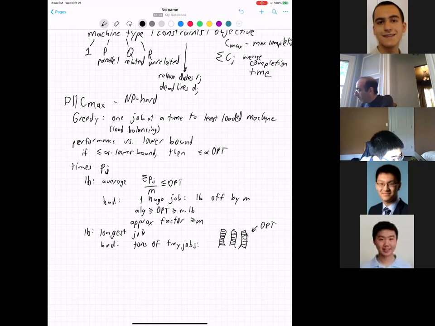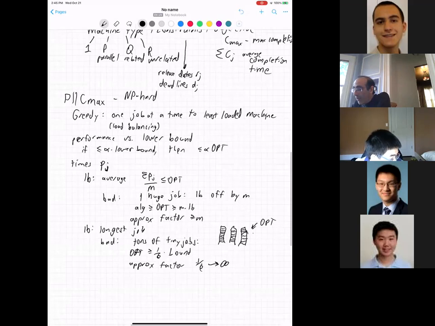But the optimum is going to be at least 1 over epsilon times the bound. And so again, the best approximation factor we can prove using this bound is 1 over epsilon, which can be driven to infinity. So this is even a worse lower bound than we had before.